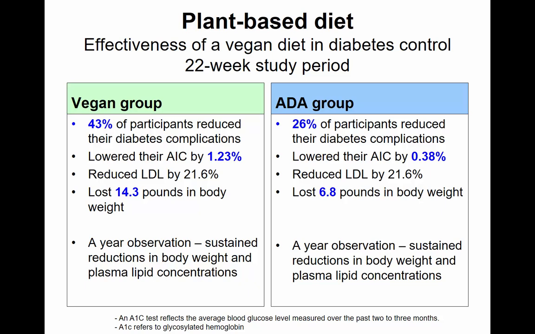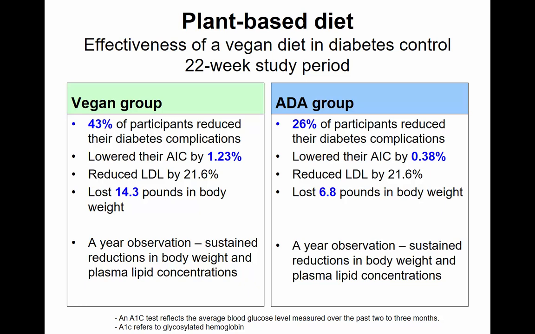So you can see that the vegan diet reduced diabetic complications in 63% of participants, and only 26% of participants in the ADA group had reduced diabetic complications.